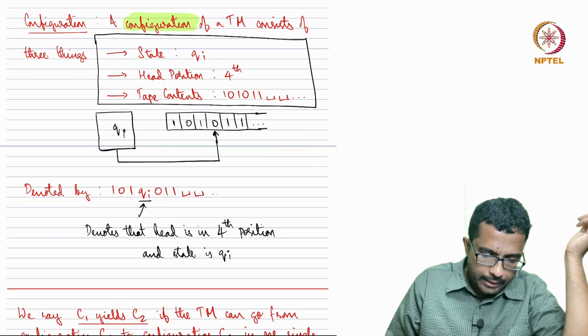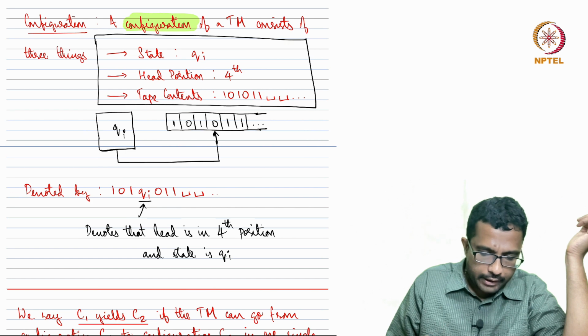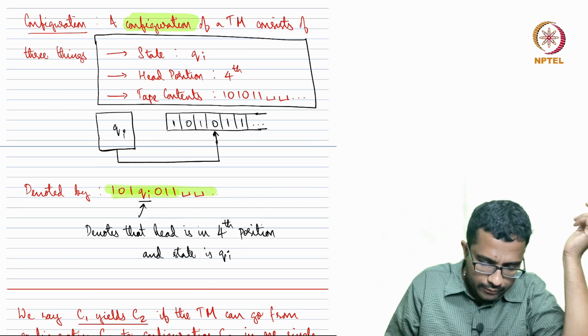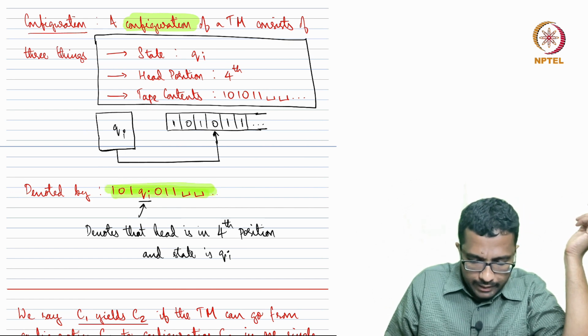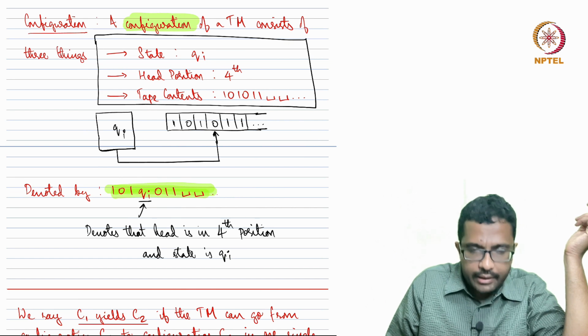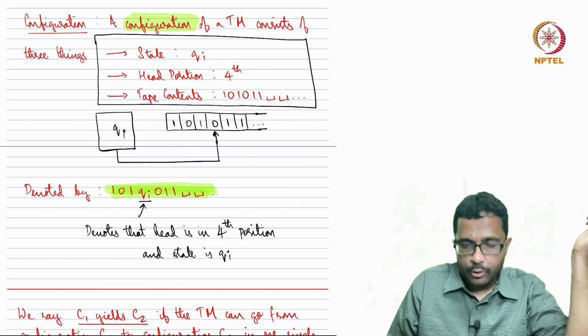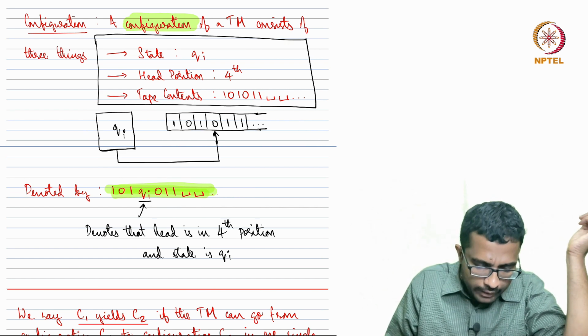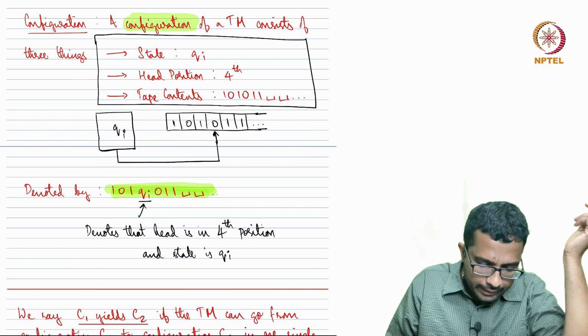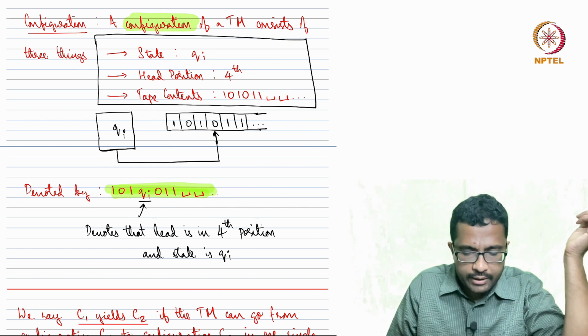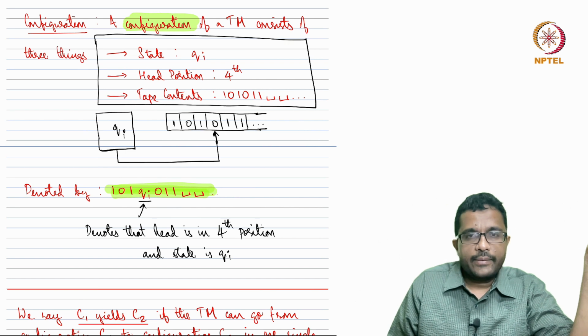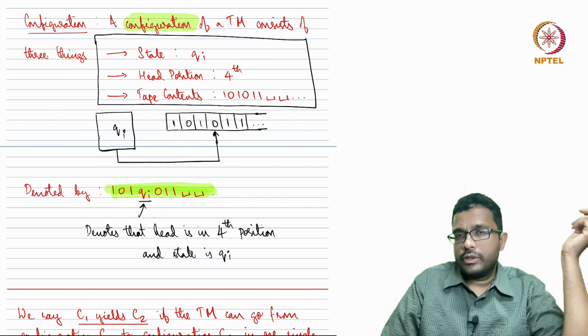And sometimes we denote configuration in this kind of notation. Basically, we write the state in between the input string. So we know 101011 is the input. So I write the state in between. So Qi is the state. I write it in the 4th position. This denotes that Qi is the state and the head is pointing to the 4th location.